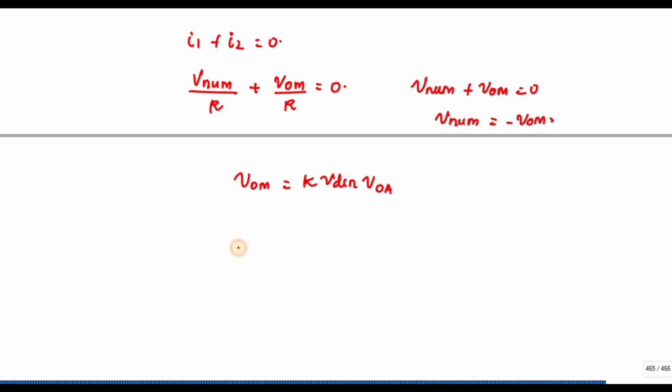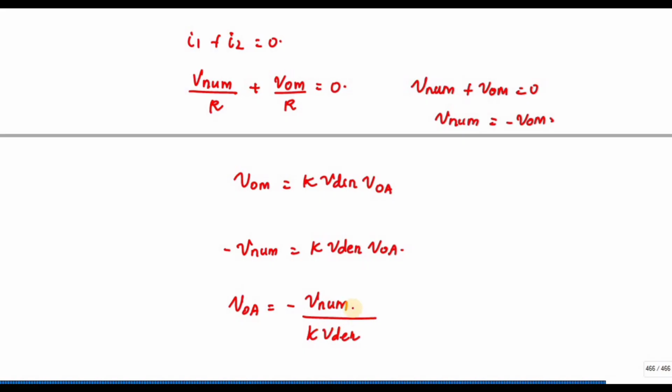From this I can write minus VNum is equal to K into VDEN into VOA. What is VOA? VOA is the output of this voltage divider unit, that is nothing but minus VNum divided by K into VDEN.